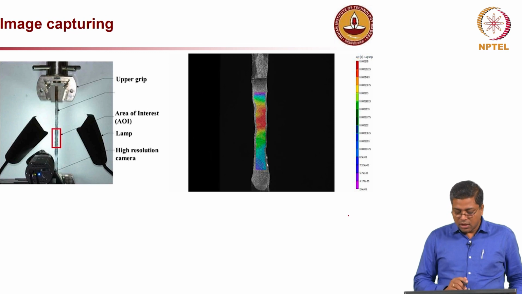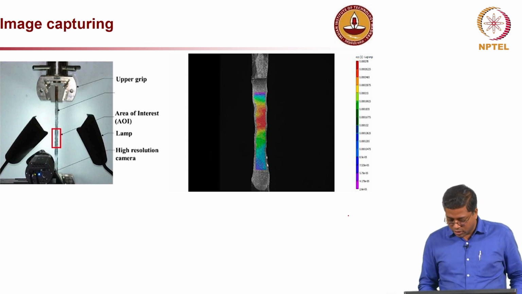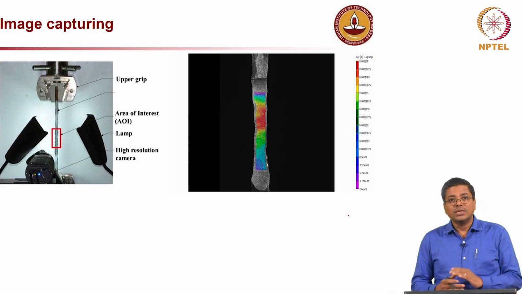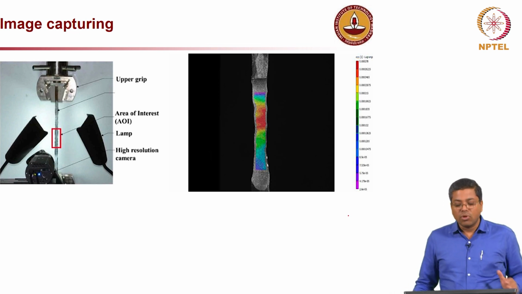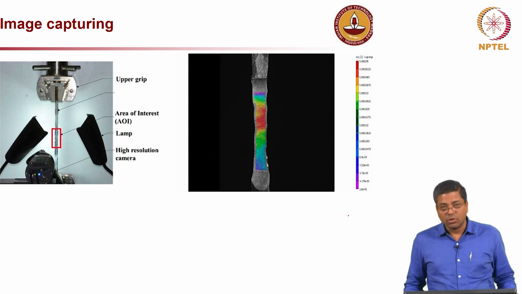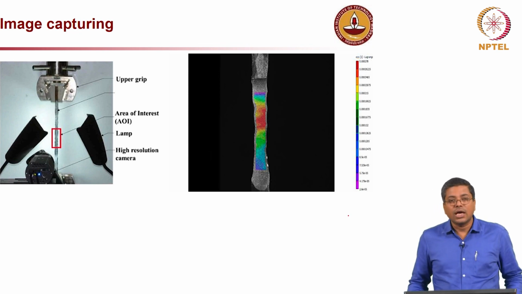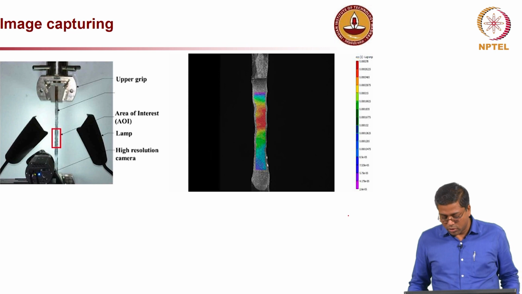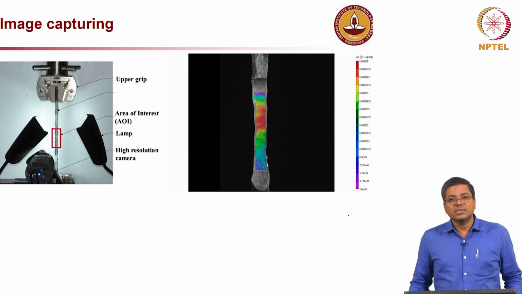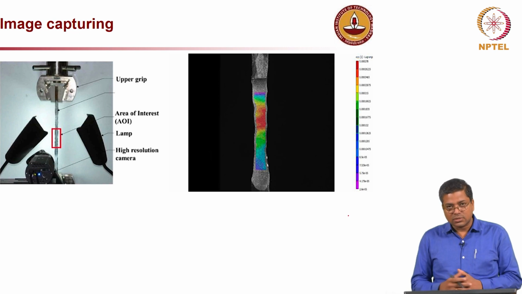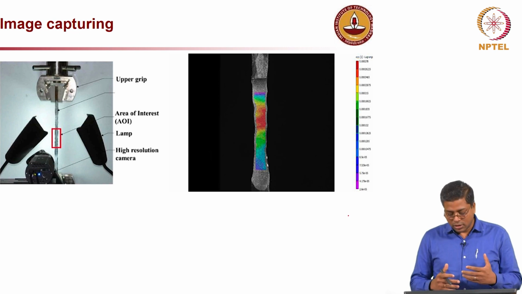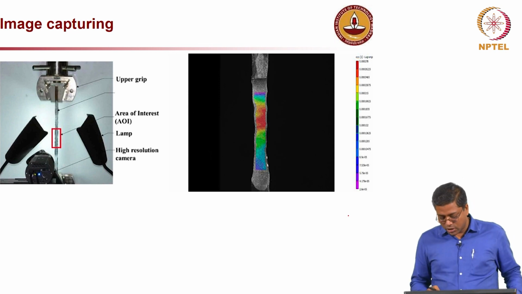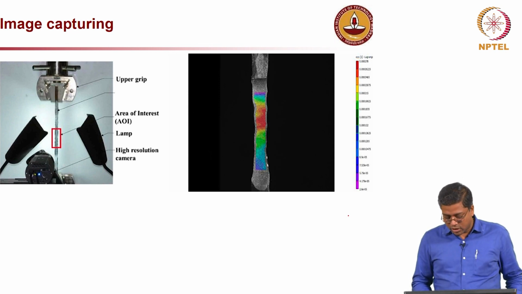You can see one example video, a very short video I am going to show you here, and you should look for the change in the color. The more reddish, it means higher the stress, and if it is more bluish in color, then that region is experiencing less stress. So in this video you will see that the stress at different points is different, and I will take you through until the failure of this specimen.